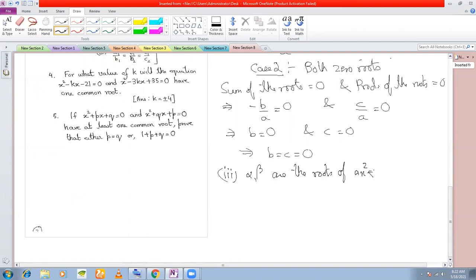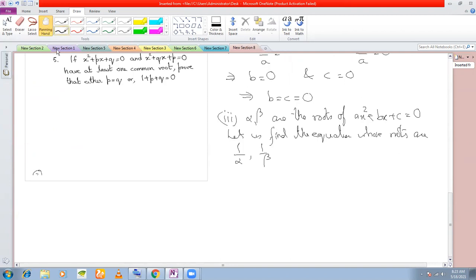ax square plus bx plus c is equal to 0. Let us find the equation whose roots are 1 by alpha, 1 by beta. So how do I find the equation?